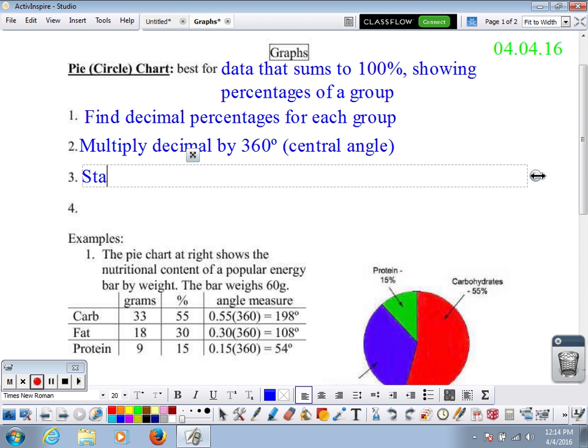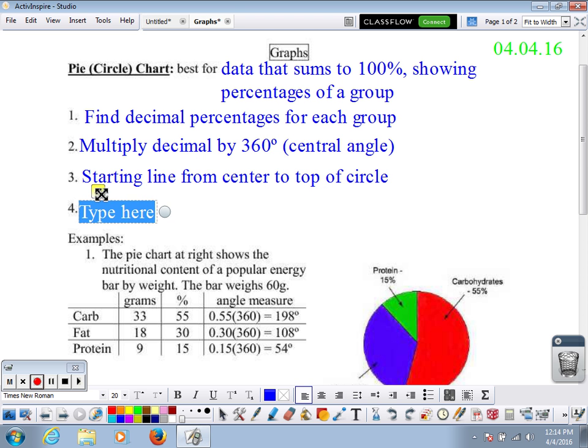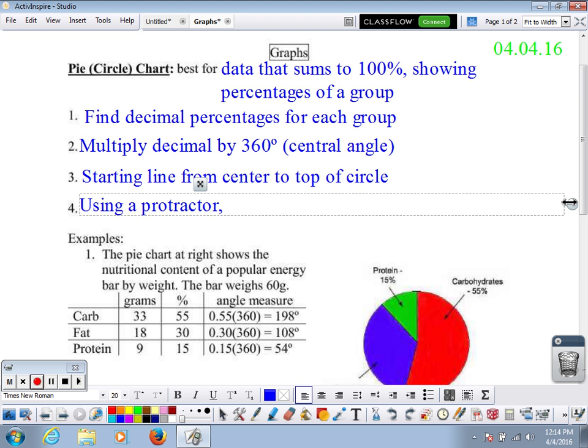So our starting line will be from the center to the top of the circle. And then using a protractor, draw the angles and label the slices.